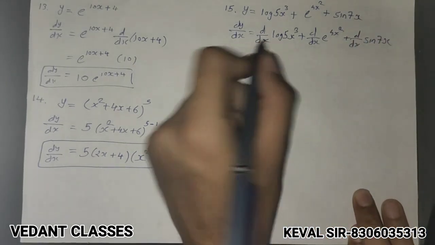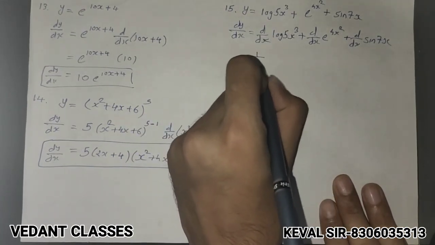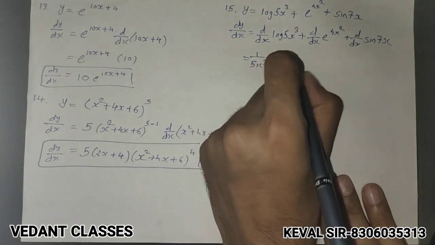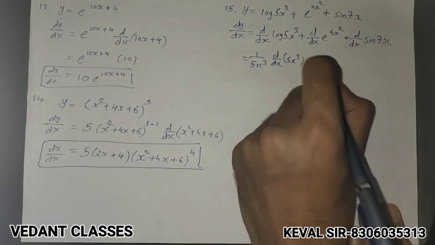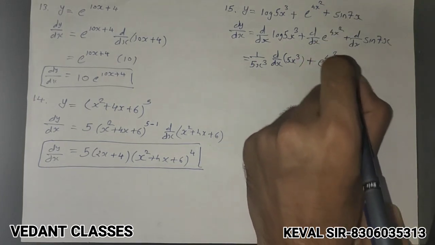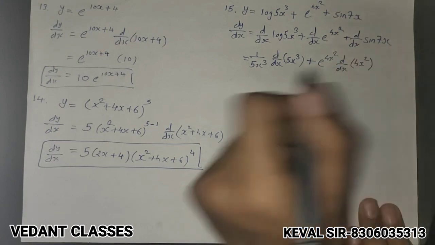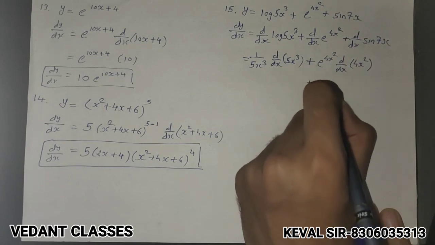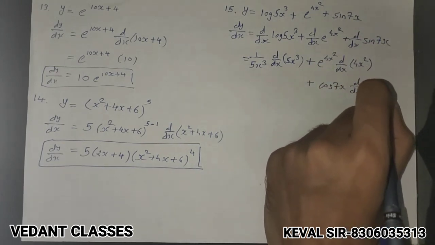Okay, now let's calculate the derivative for this one. So it will be 1 upon 5x cube, then d by dx of 5x cube, plus the derivative for e raised to 4x square will remain e raised to 4x square, and carry out the derivative of 4x square, plus the derivative of sine is cos 7x, and carry out the derivative for 7x.